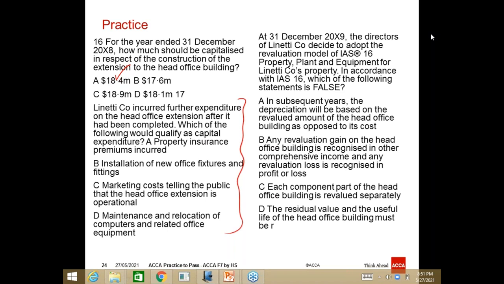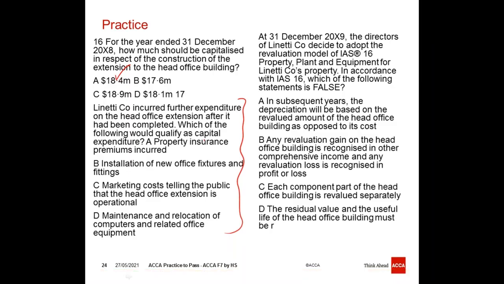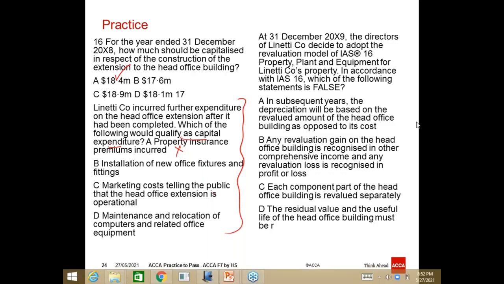Which of the following qualify as a capital expenditure? So which of the following part is the capital expenditure? So the property insurance premium incurred. So remember this point that we never capitalize the insurance of a non-current asset. Only the insurance in transit can be capitalized.